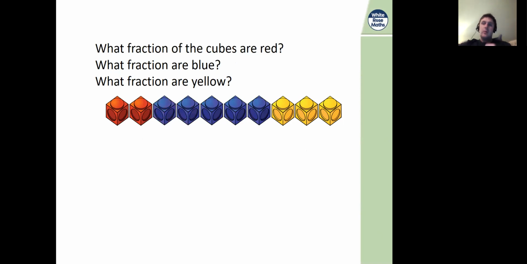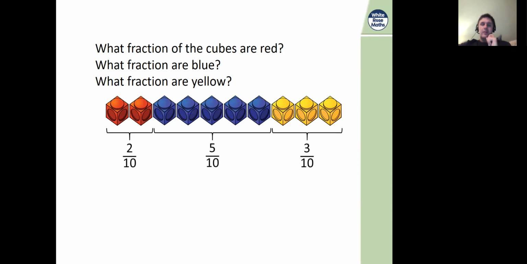Now, what about this one? We've got 3 parts now. We've got a red, a blue, and a yellow part. We've still got our 10 cubes. This time, what fraction are red? Have a think how you'd answer those 3. With our red, we've got 2/10. With our blue, we've got 5/10.